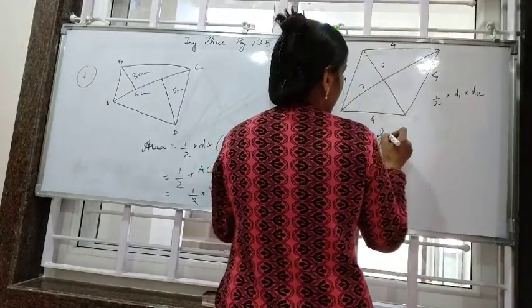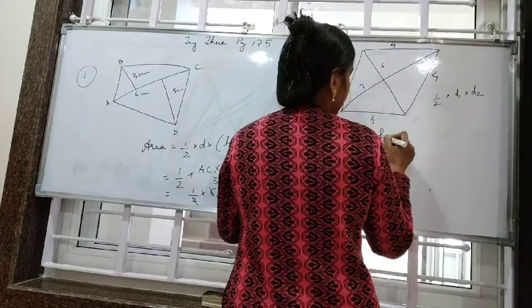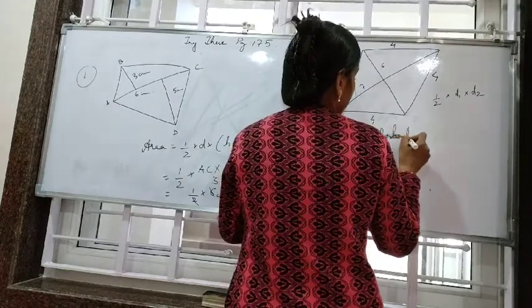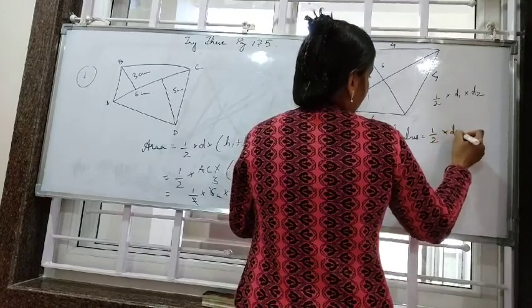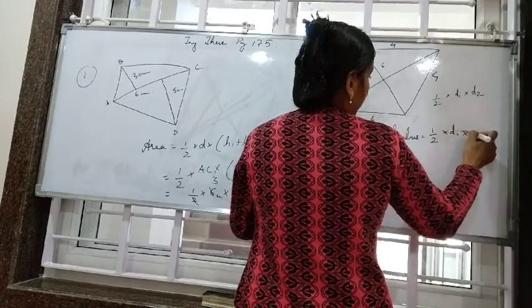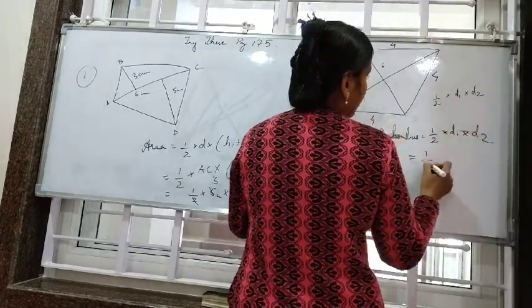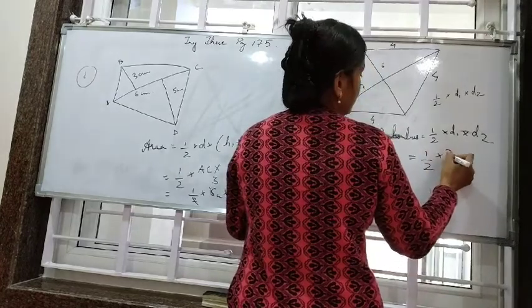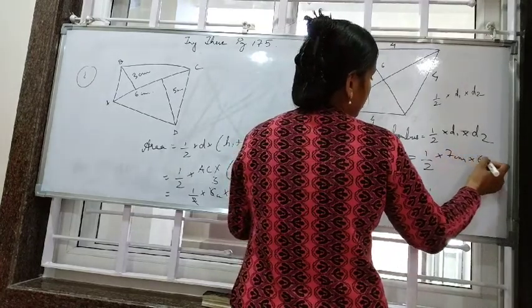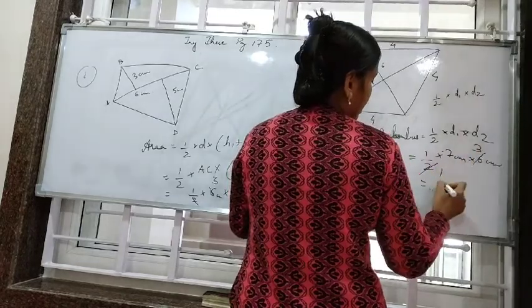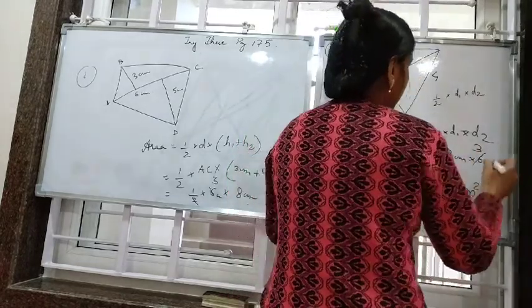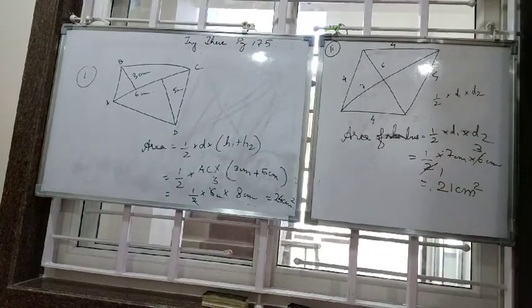Area of rhombus is half of D1 into D2. So half into 7 centimeters into 6 centimeters. This becomes 3. 3 sevens are 21 centimeter square. It completes the second one.